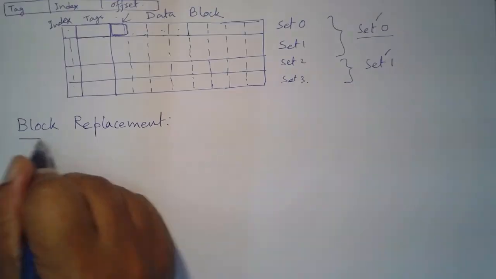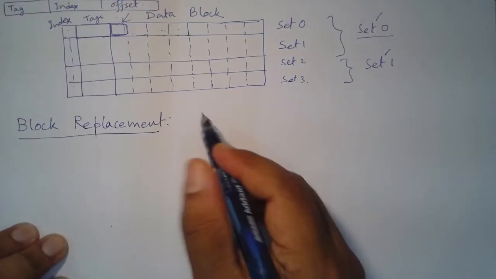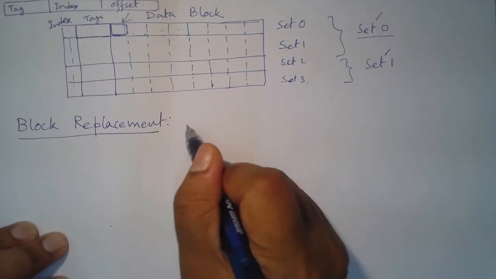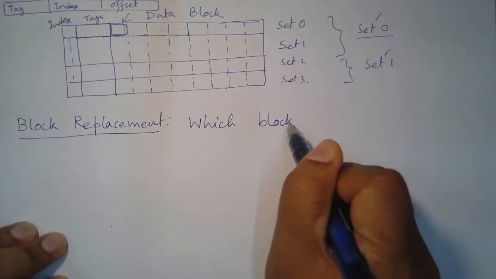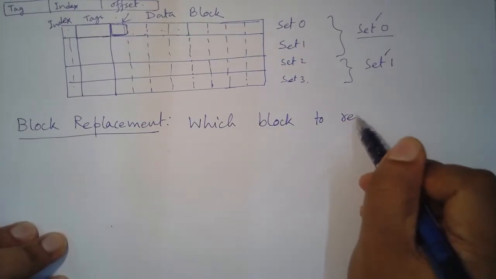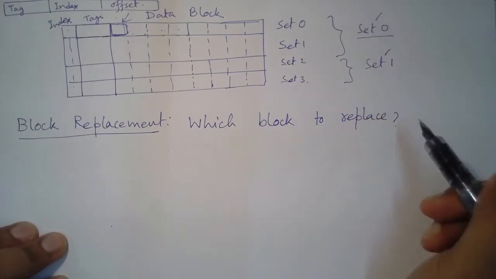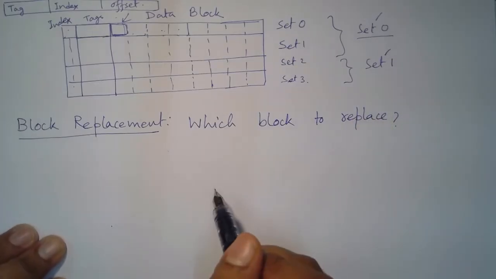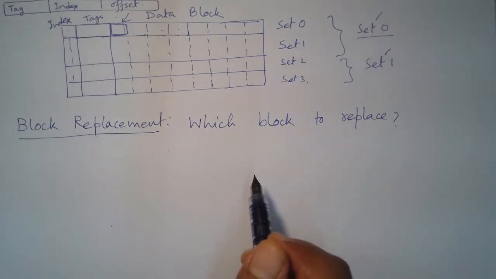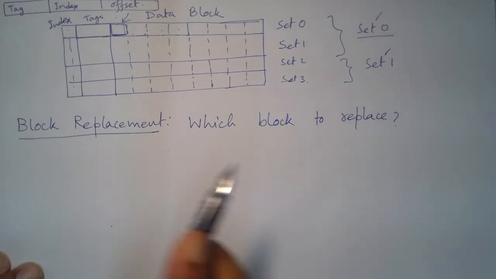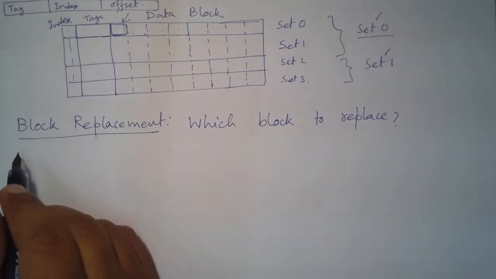By block replacement, we are trying to answer the question of which block to replace. Now, this question can be answered in many ways, and depending on what kind of cache you are looking at, this choice will also vary.